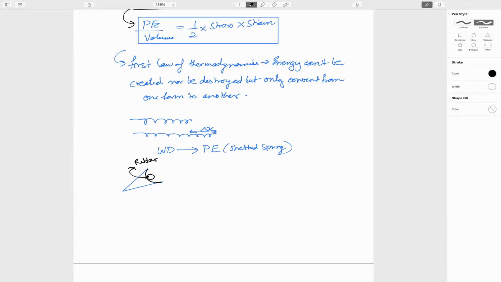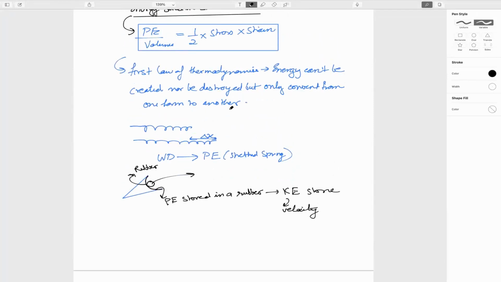If you put a stone here and stretch it back, the potential energy is stored in the rubber. When you release it and remove your hand, this potential energy is converted into the kinetic energy of the stone, due to which it has some velocity and follows projectile motion.